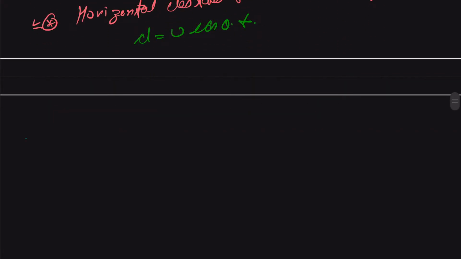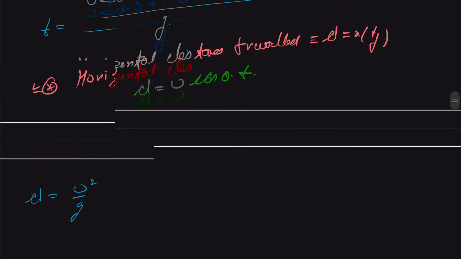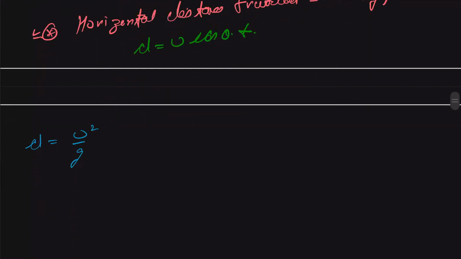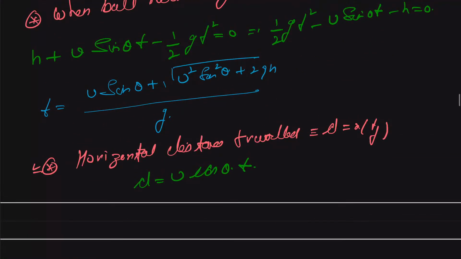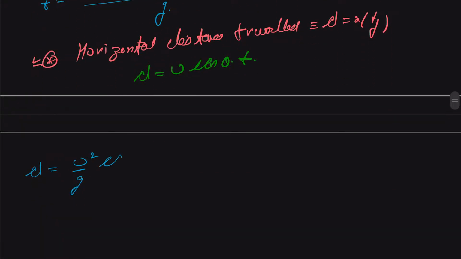We get d equal to v square upon g, cos theta, and we have sine theta plus the square root of sine square theta plus 2gh upon v square.